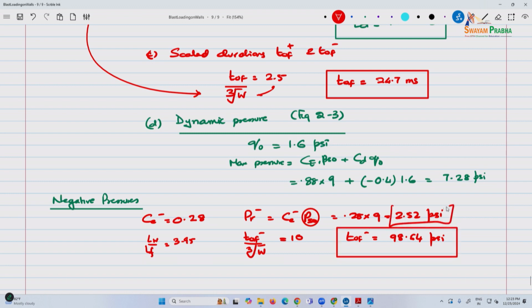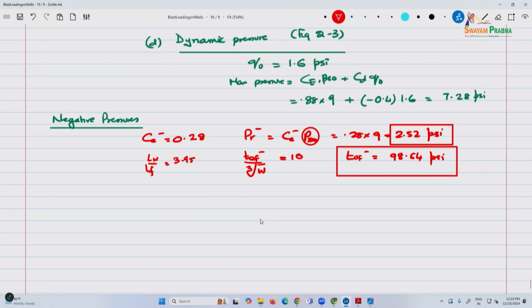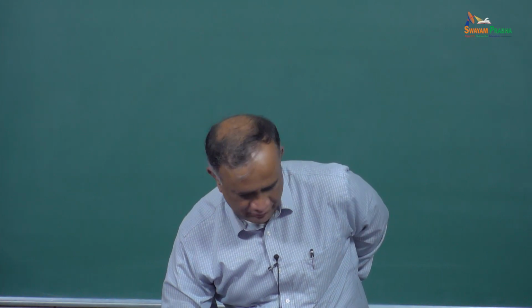So the time parameters are, I'm going to go with 0.27. It's going to be a little different. So I'm using 0.25.